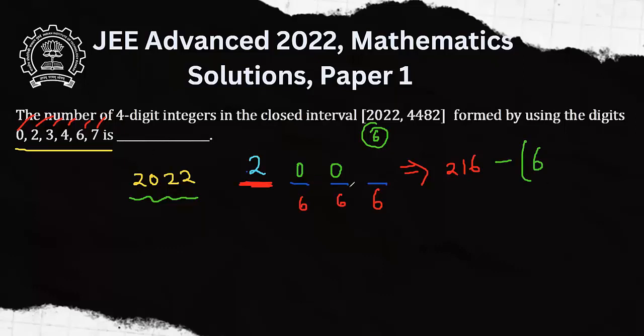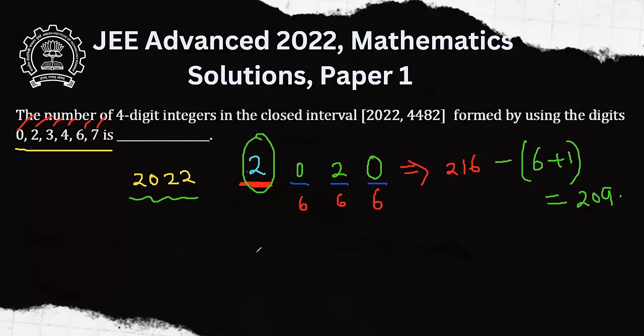And one more number I have to reduce: when this is 2, then I can keep 0 here. So 2020 is another number that is less than 2022. So with 2 at this place, I have a total of 209 options.